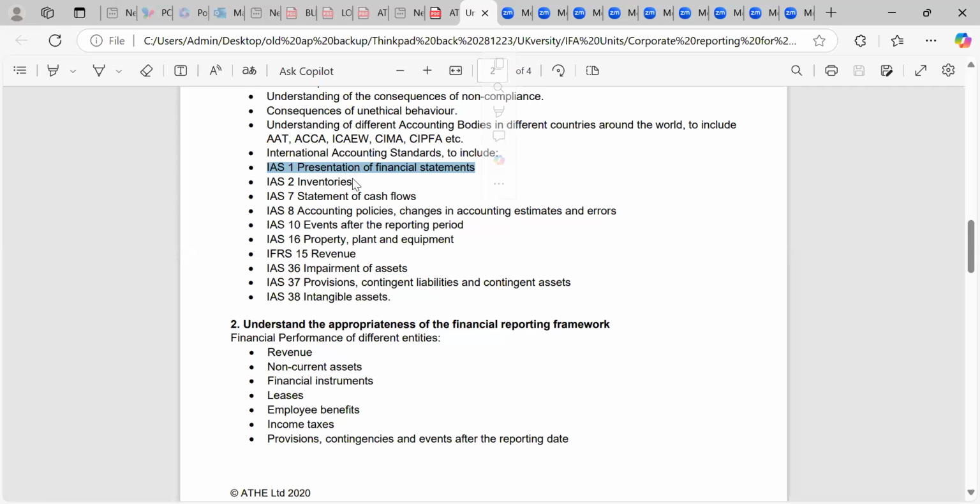IS 15 is about revenue. If you're doing a contract, revenue should be recognized in the financial statements on the basis of accrual and in proportion, for example in a construction contract, because the service is being performed. Impairment is a loss, how an asset can be impaired, and we look at carrying value, fair value and market value.